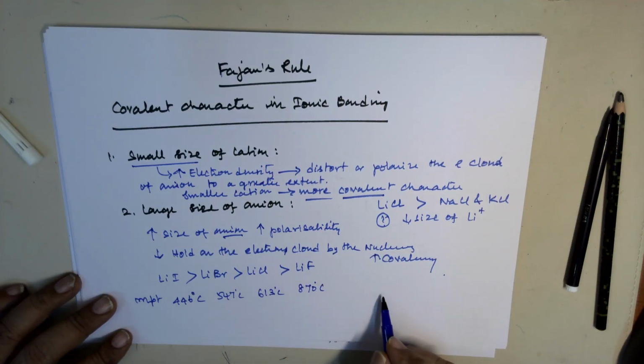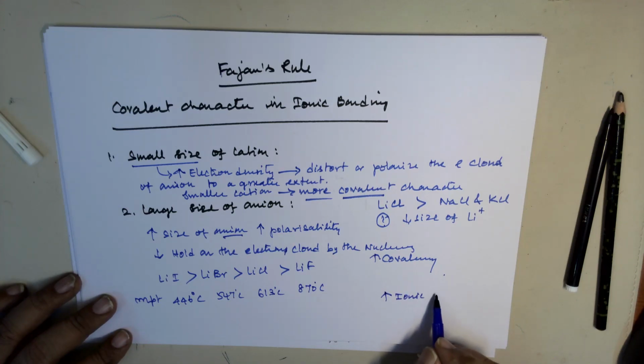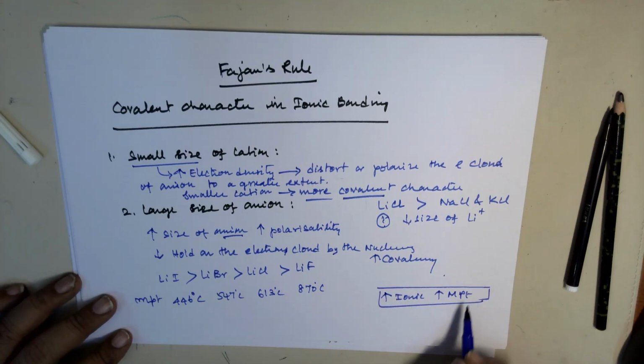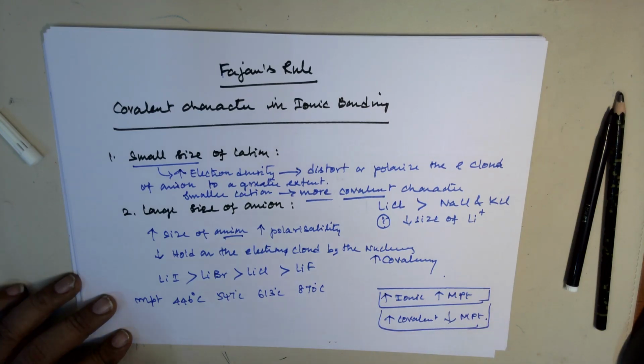You know very well that the higher the ionic behavior, the greater will be the melting point. Similarly, lower the ionic means higher the covalency, and lower will be the melting point. So don't forget this concept.